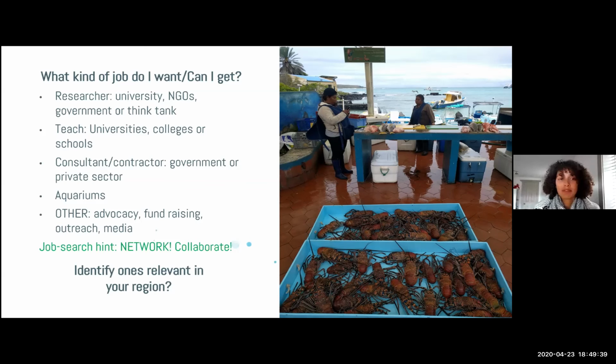Then there's aquariums that hire. Here there's a lot of those jobs, but I don't know about in the Caribbean. And then there's a whole bunch of other jobs that I can't list here because they don't have a specific name, but there are sometimes projects by the UN. In the Caribbean, it's really important to see what's key in your region. Is fisheries really important in your region?